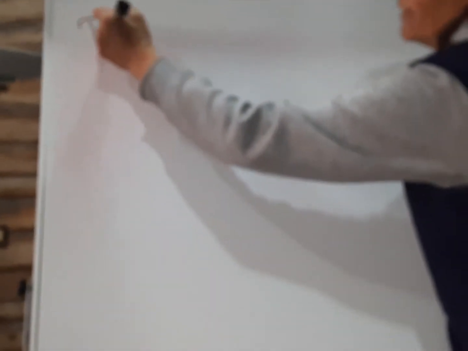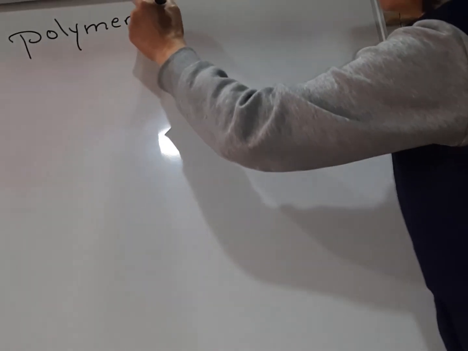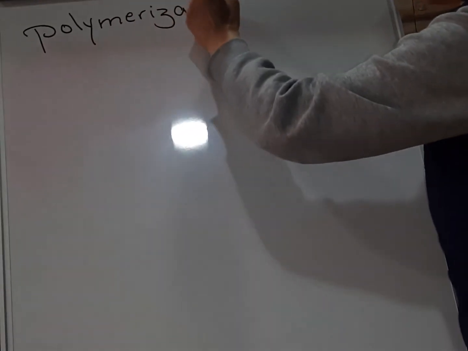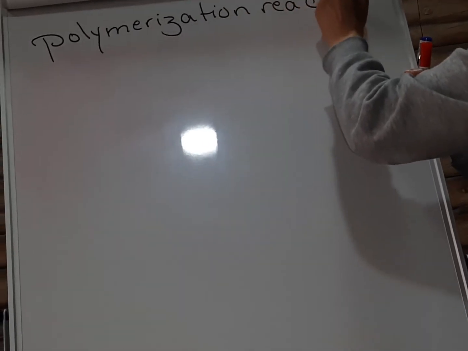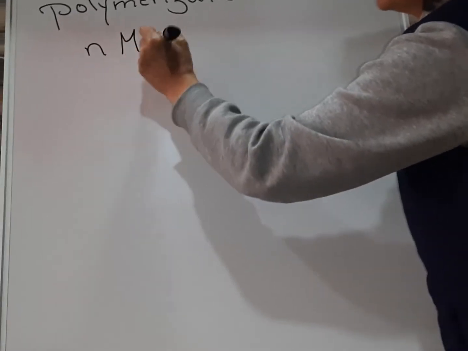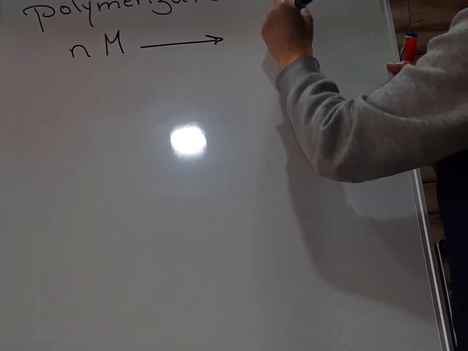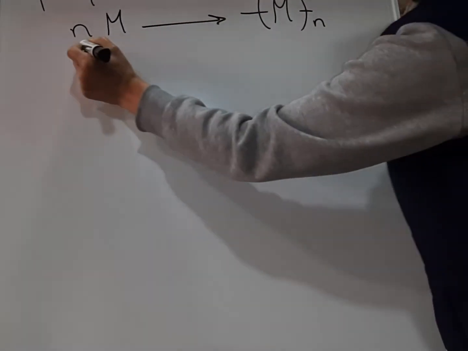Now, polymerization reaction has a general formula, which is N M gives M N. What does N represent?